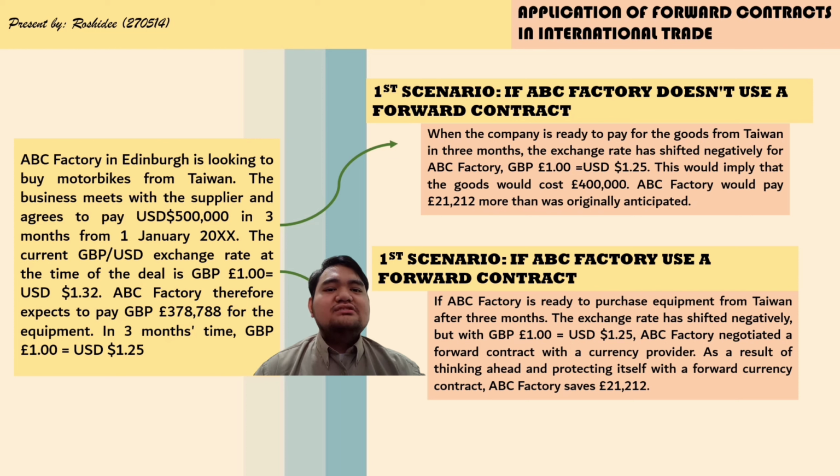So here it shows that the ABC company managed to avert a loss of 21,212 British pounds since it pays the same as the amount budgeted. In conclusion, we can see that the forward contract has saved ABC factory from a loss.